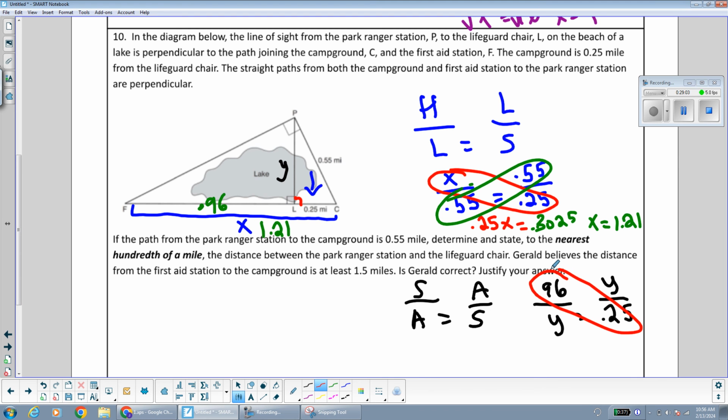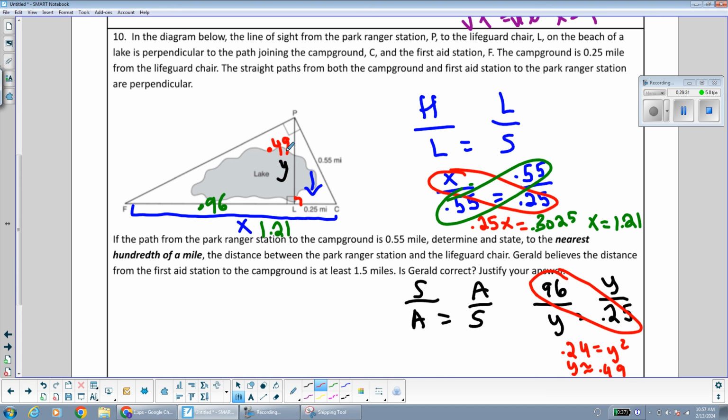So that is 0.96 times 0.25, and I got 0.24 is equal to y squared. So now I have to do the radical of 0.24, and it says to round to 2 decimal places. So y is approximately 0.49. So the altitude is approximately 0.49.